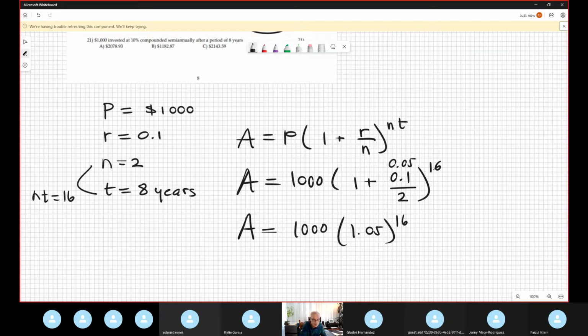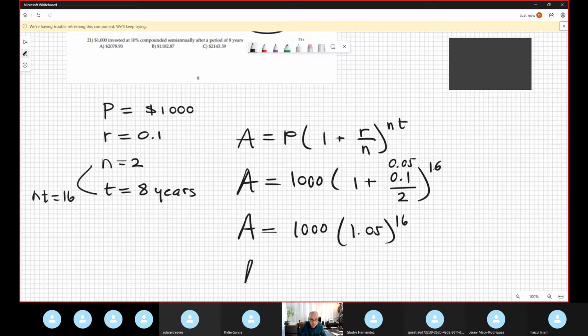Edward says the answer is future value is $2,182.87. Yes, I got it too. Okay, so let me know if the students can get the same answer. If some students don't get this answer, let me know, and I can explain in my own virtual calculator.